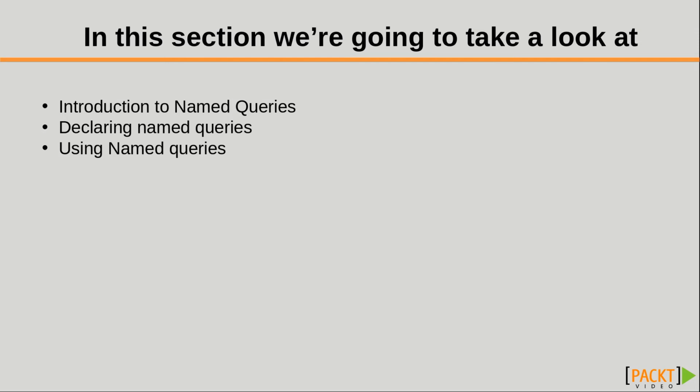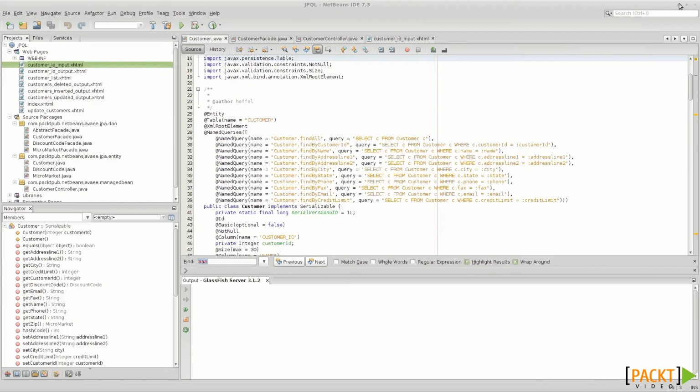JPQL name queries allow us to declare the queries in one place and then just access them as needed throughout our application. We'll see how to declare name queries using the name query annotation, and then we'll see how we can use them in our application.